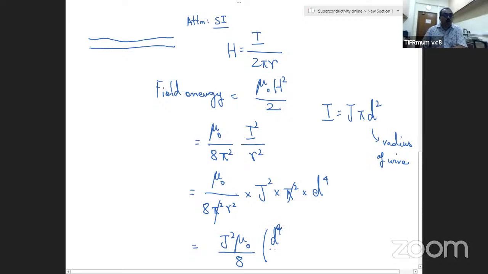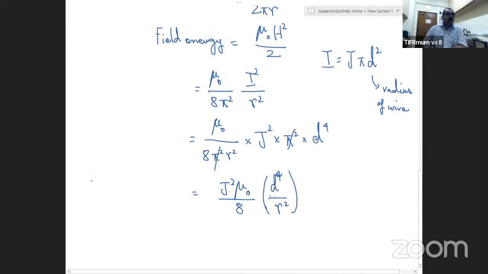D to the power 4 by r square. So you can see that the maximum of this will decay as I go away from the wire, but the maximum value will be at the surface of the wire, and at the surface of the wire this quantity will be of the order of d square.